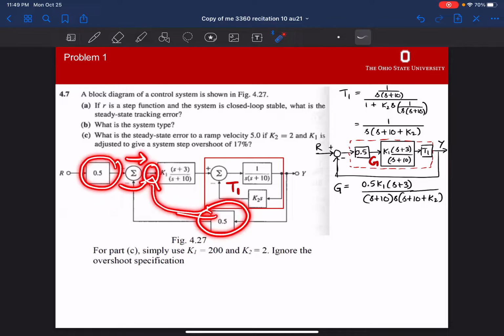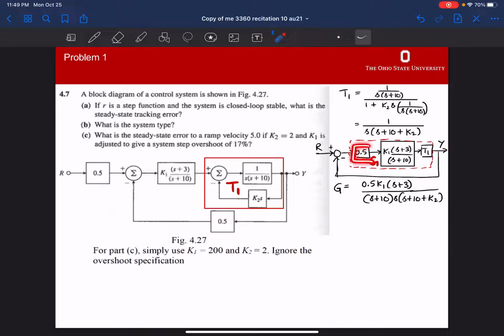So I've plugged both of these values together and put them after the summing junction. This is a block diagram reduction technique that I've used just to simplify our block diagram a little bit. And then after that, now I'm clubbing all of these three blocks together and calling that G.